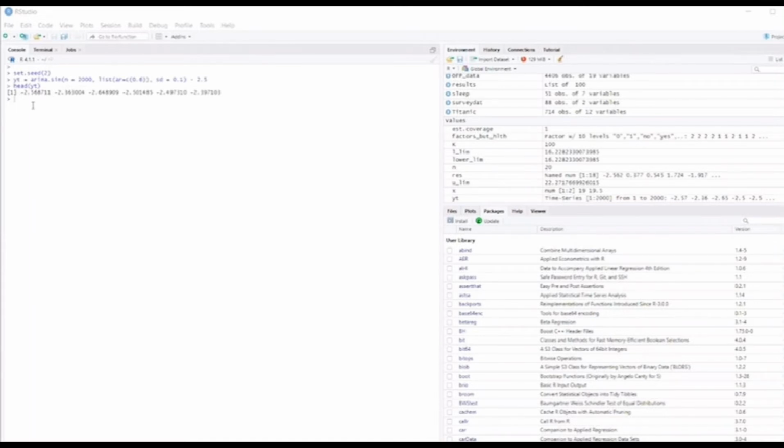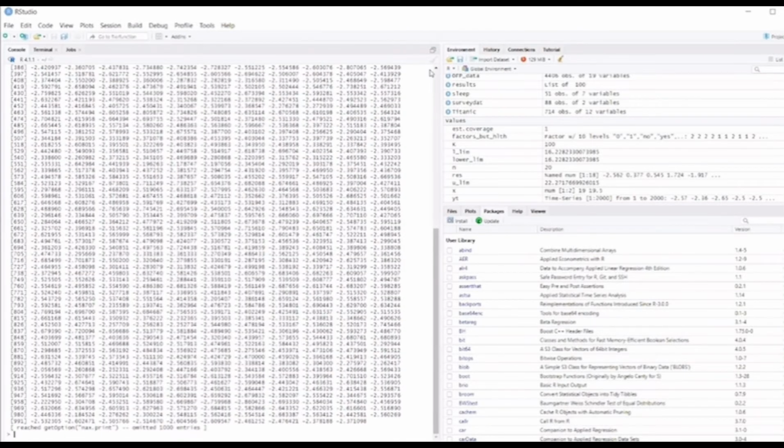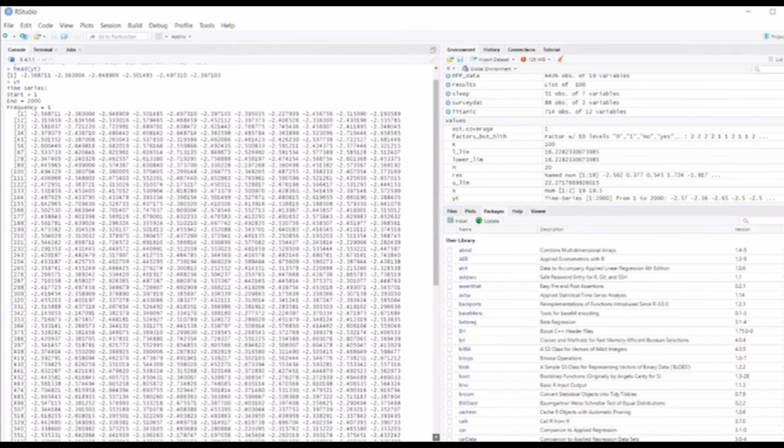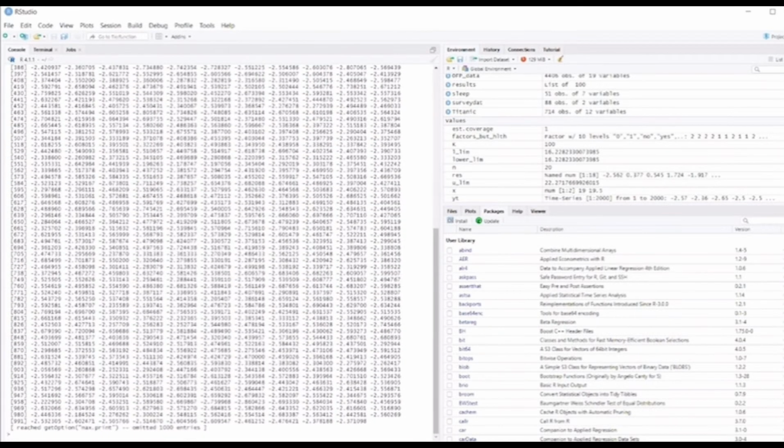If I want to see the whole 2000, I can just write YT. And when I write YT, take a look at that. There's going to be a lot. Now this is a data set that we actually generated. So exercise one has already been achieved.